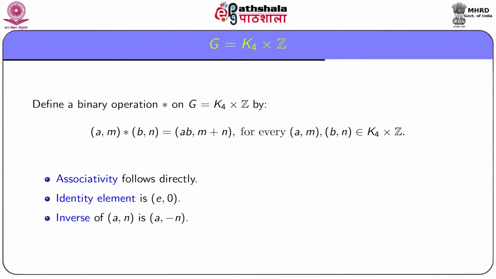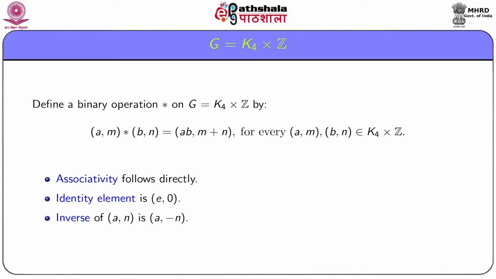First, let us consider K4 cross Z. K4 is the Klein's 4 group whose elements are e, a, b, c, and Z is the group of all integers with respect to addition.